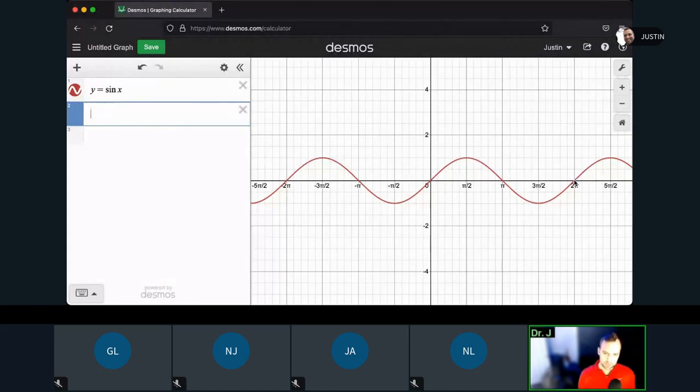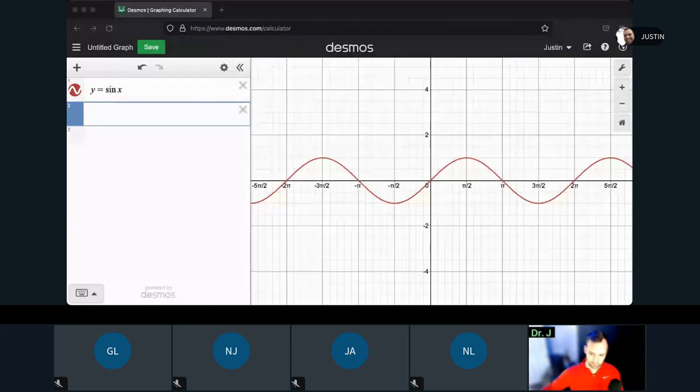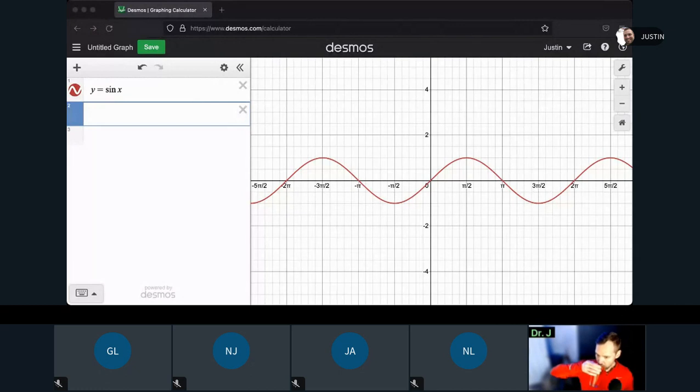Now, you learned in geometry some vocab words like period. Can you remember what a period is in regards to trig functions? Like in your own words, what is a period? So Noah says a full up-down cycle.